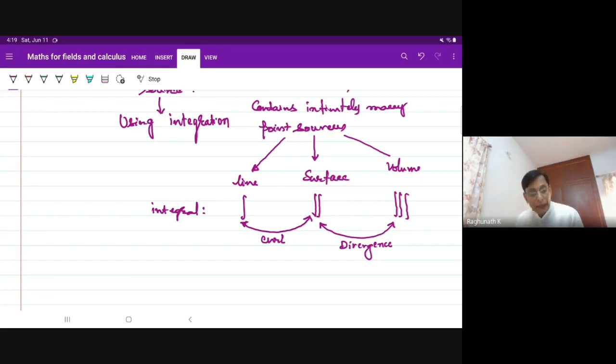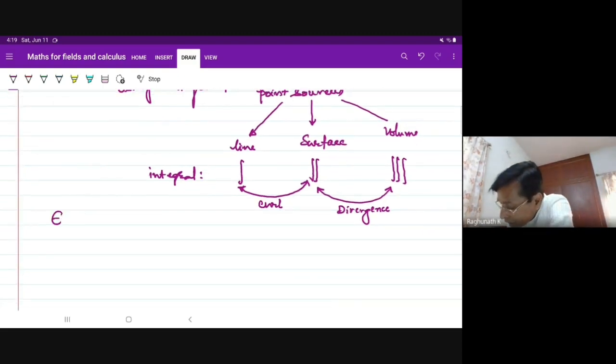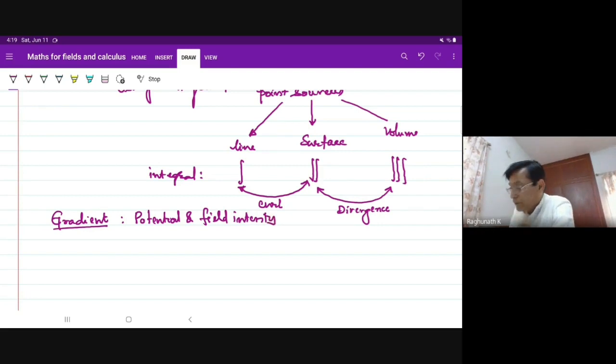Apart from that, in our syllabus, we have something called gradient of a scalar, and this gradient is used to relate the potential and the field intensity. If you know the potential, it is easy to calculate. We use gradient to determine the field intensity.